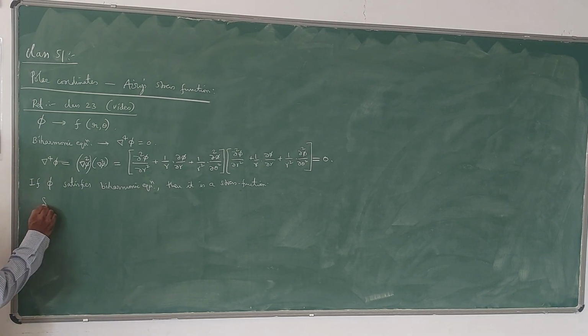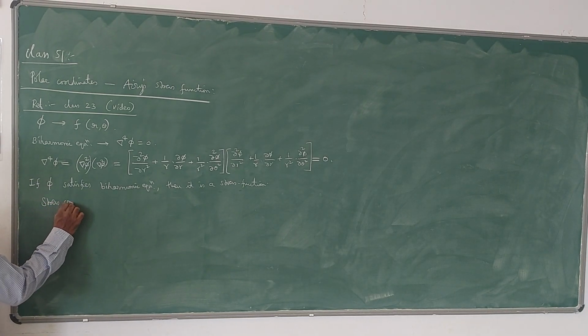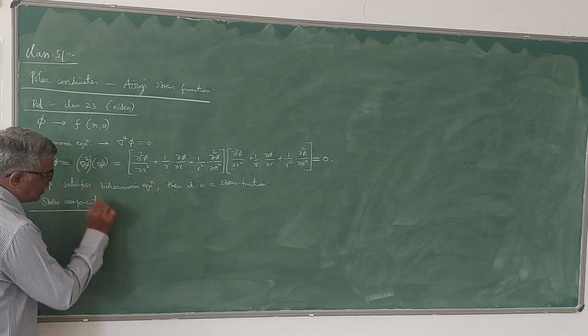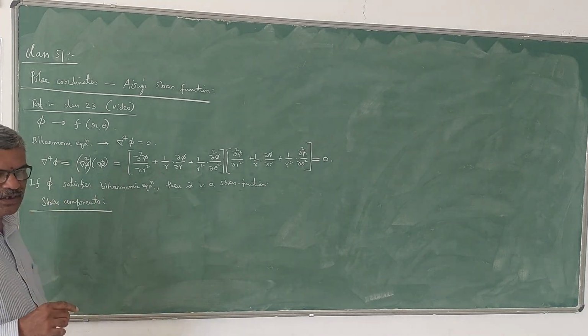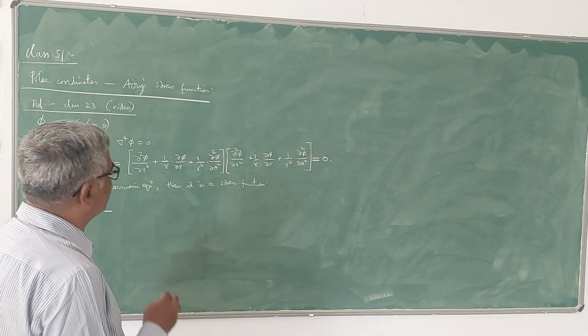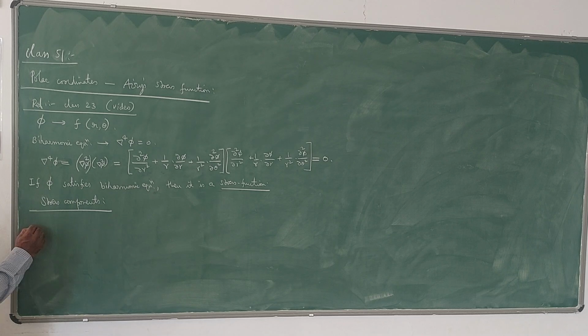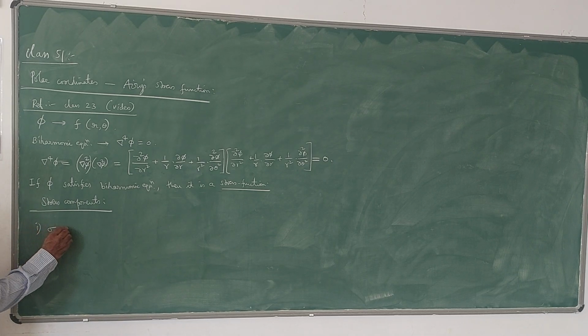Now in this also we will have three stress components. Once phi satisfies biharmonic equation, it is a stress function, and once it is a stress function, we can find out the stress components. Here the stress components are sigma r, sigma theta, tau r theta.